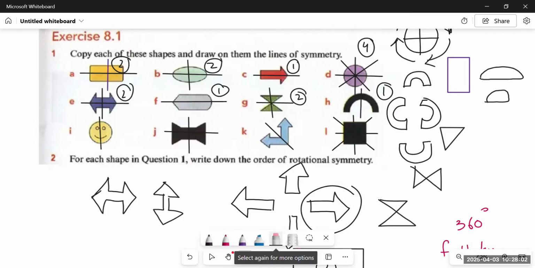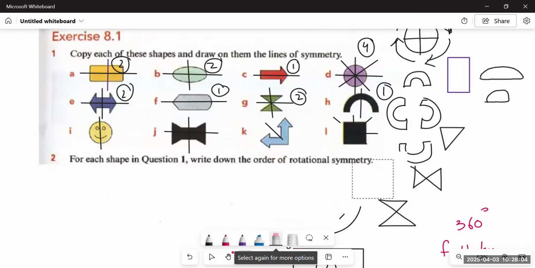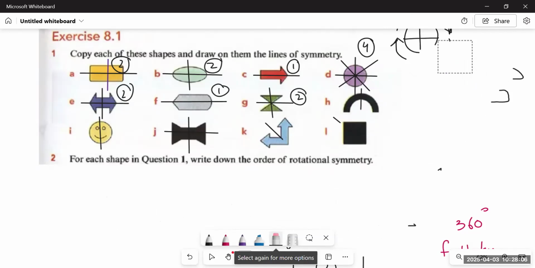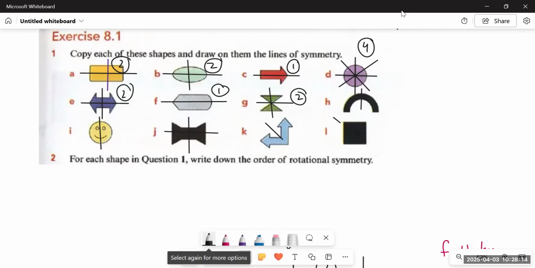Now let's move to the next part. Okay. Next, we have a smiley face. When I rotate it 90 degrees, it will look like this, not the same.